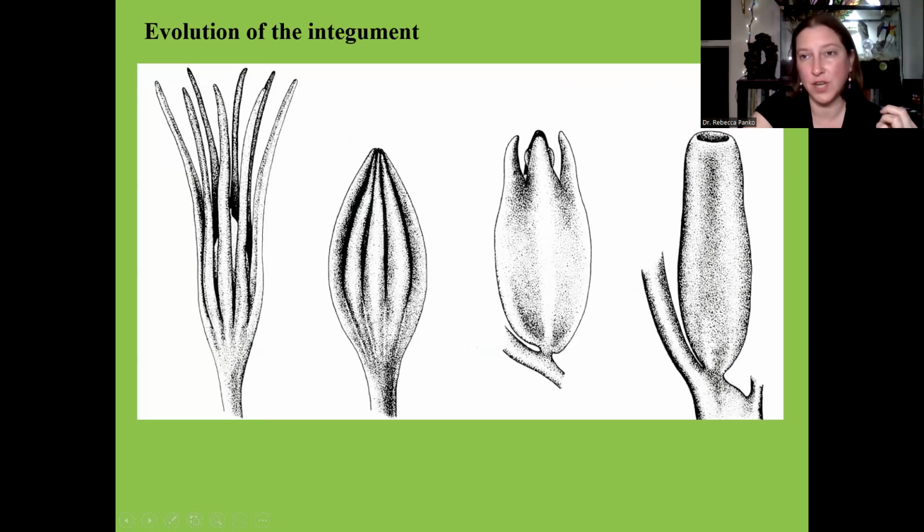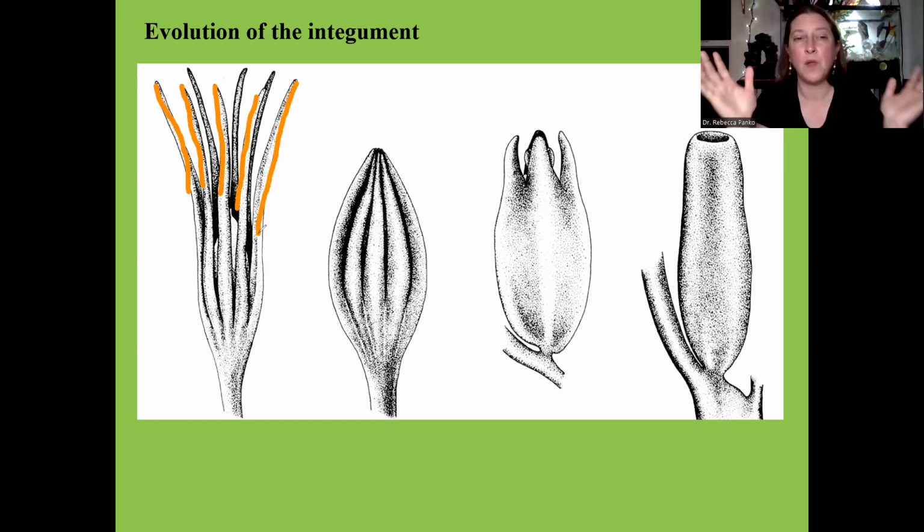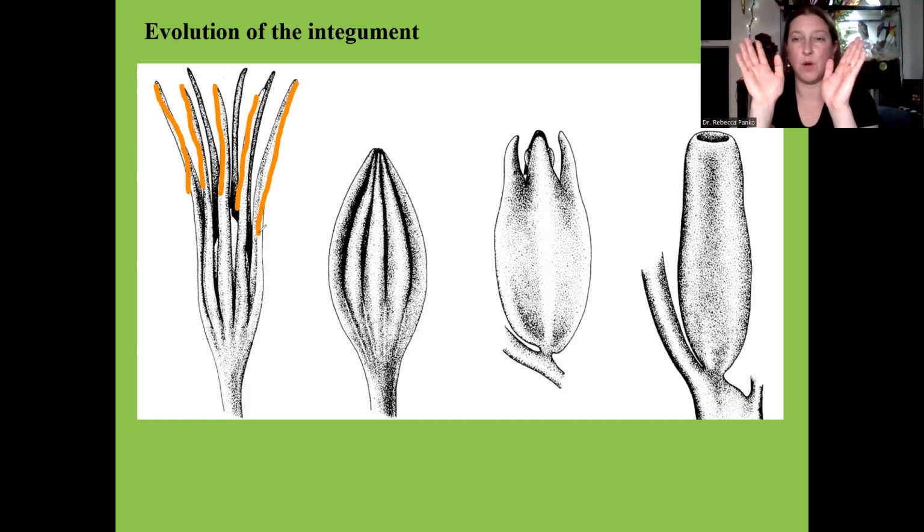Over evolutionary time, and we see this in the fossil record, the lobes of the integument fuse together to completely close the ovule except the hole of the micropyle. This is similar to what was shown on the previous slide. These finger-like lobes of integument started to come together, but maybe still weren't completely together.